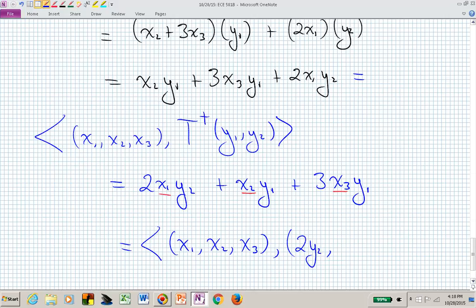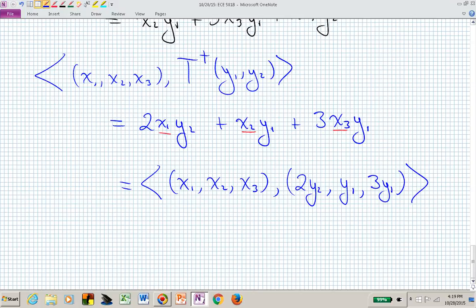It's taking a 2 vector W into a 3 vector. Now, what in this result is scaled by x1? It's simply 2y sub 2. What in that line near the bottom is scaling x sub 2? Well, that's just y sub 1. And what scales x sub 3 is 3 y sub 1, and that's actually what needs to be.